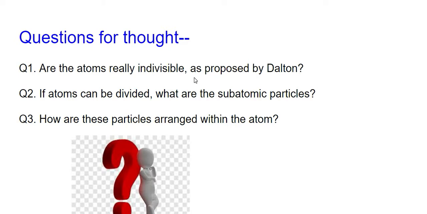One is the negatively charged electron, one is the positively charged proton. Question 2, if atoms can be divided, what are the subatomic particles? Till now we have studied electrons and protons. And question 3 is what we are going to answer: how are these particles arranged inside the atom?